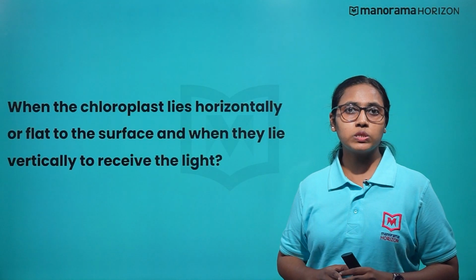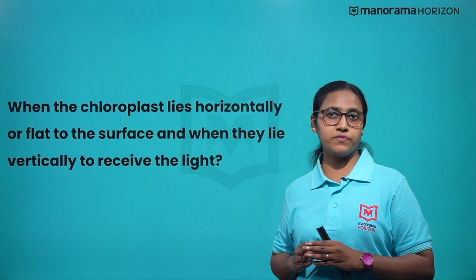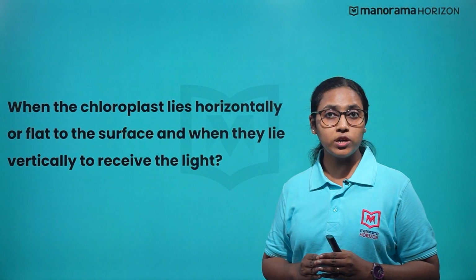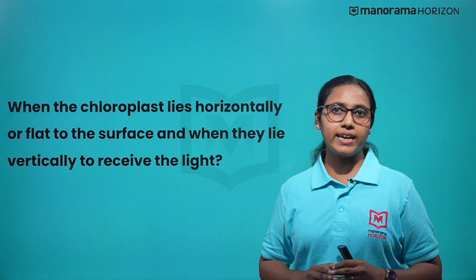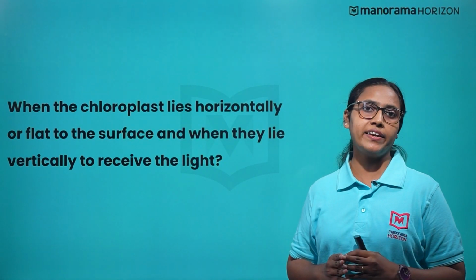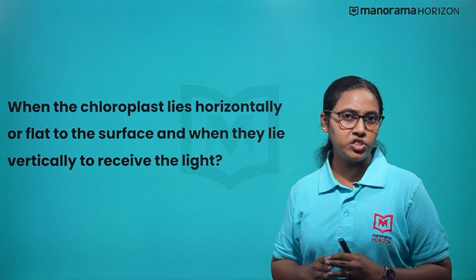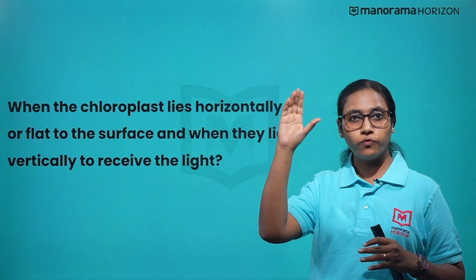Can you now guess when the chloroplasts lie horizontally, or flat to the surface, or when they lie vertically to receive the light? When the light intensity is less, they lie flat to expose a larger surface area and trap more energy. When the light intensity is high, they align themselves vertically.